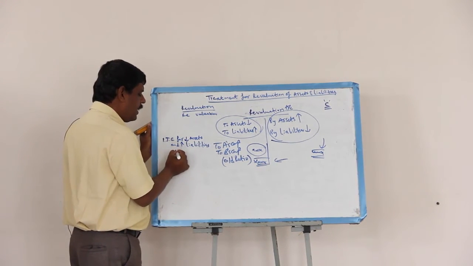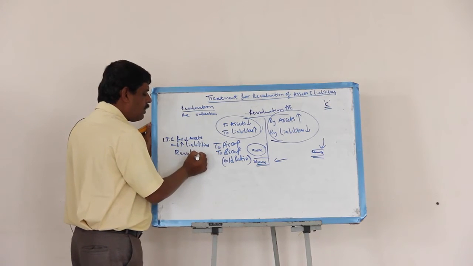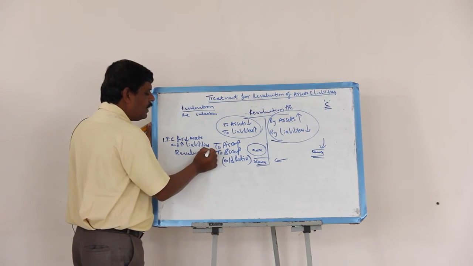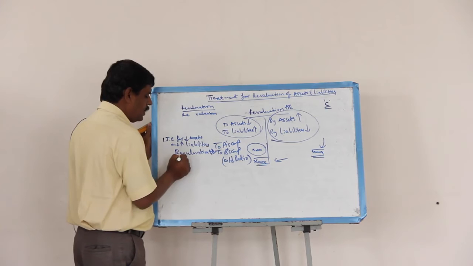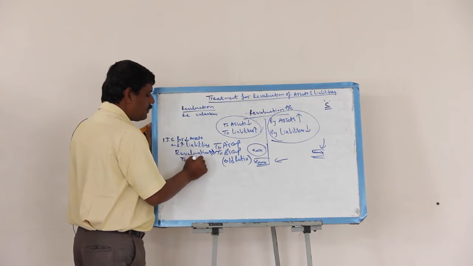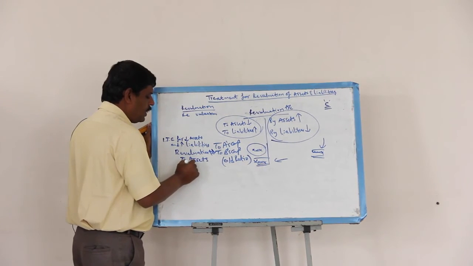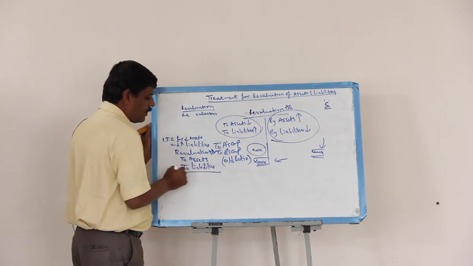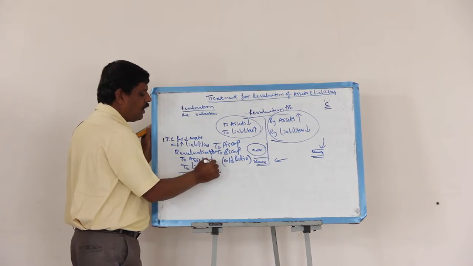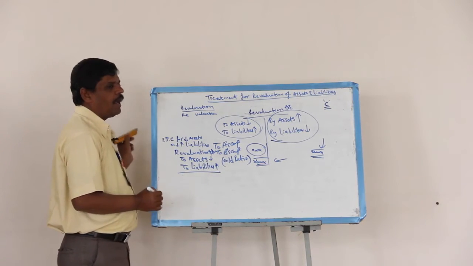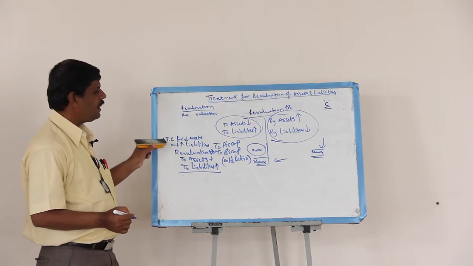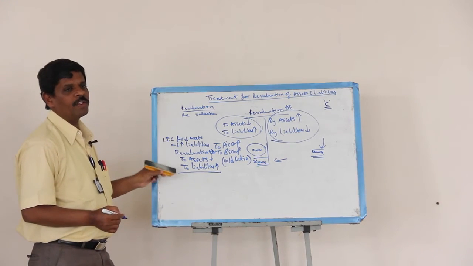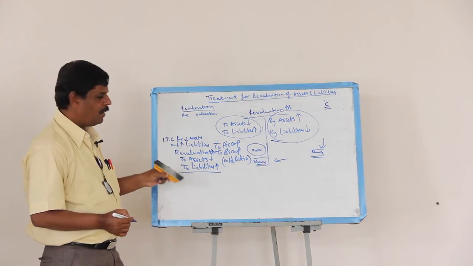So the journal entry will be revaluation account debit to assets account, to liabilities account. Whatever the assets reduced, whatever the liabilities increased, I have written here. So this entry takes care of the decrease in the value of assets and increase in the value of liabilities.